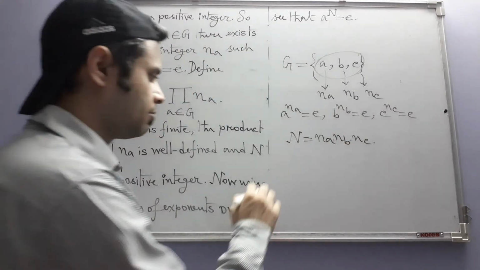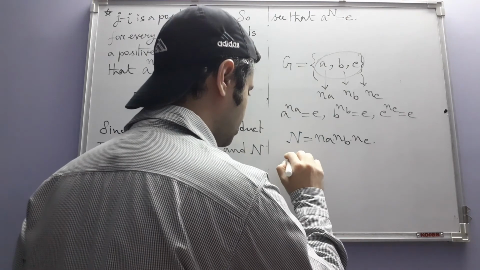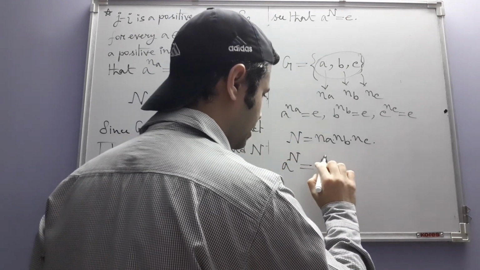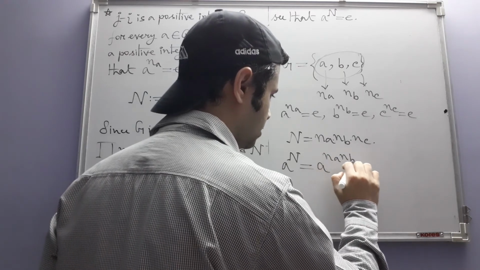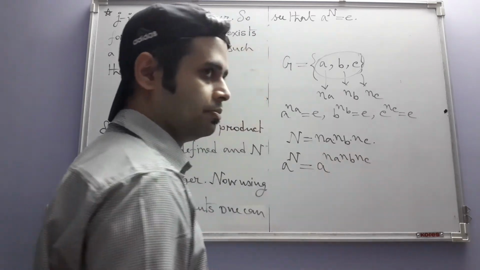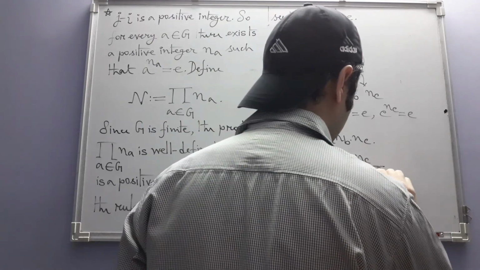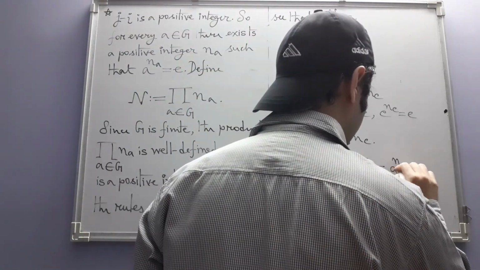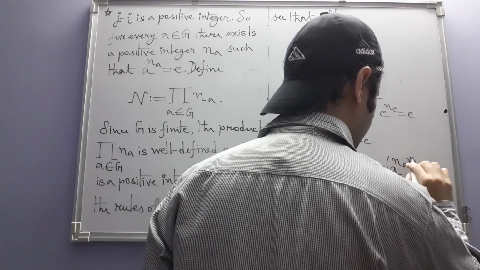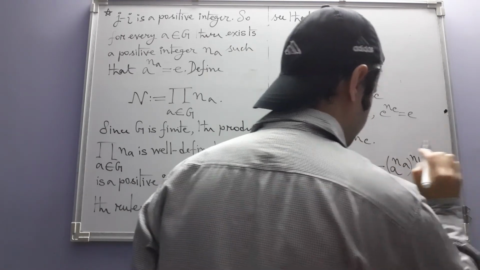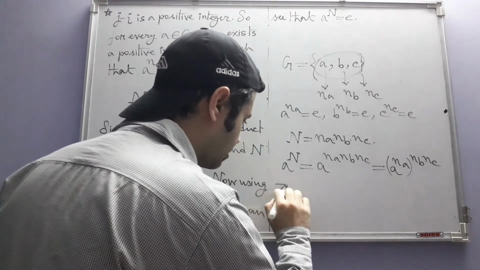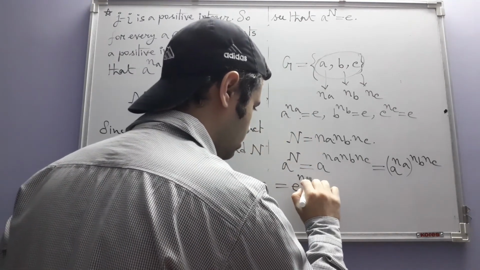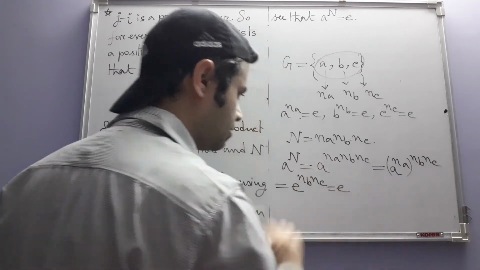What will happen when we raise a to this power? We will have a to the power na nb nc. Now using the rules of exponent, you can write it like this, and that equals, from this equation, e to the power nb nc, and this is equal to e.